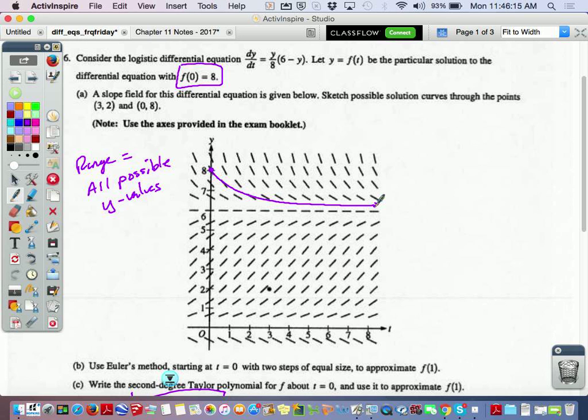If we think about this solution, the maximum y value I could have is equal to 8. The minimum y value gets really close to 6 but can't quite touch it. So I'll say the minimum y value is almost 6, but it doesn't quite touch it because we get this horizontal asymptote here.